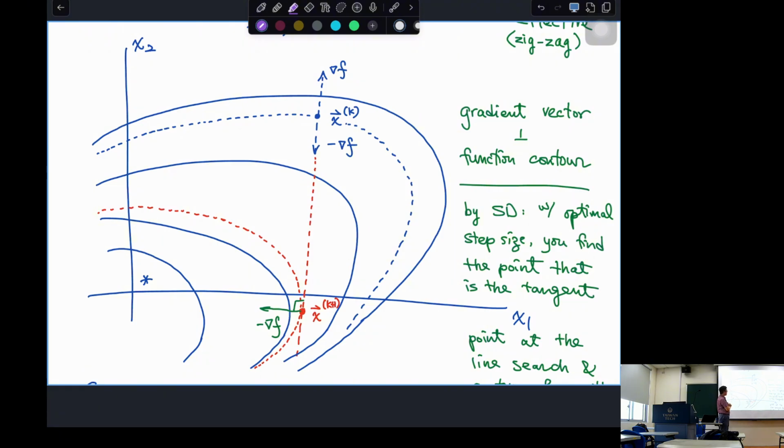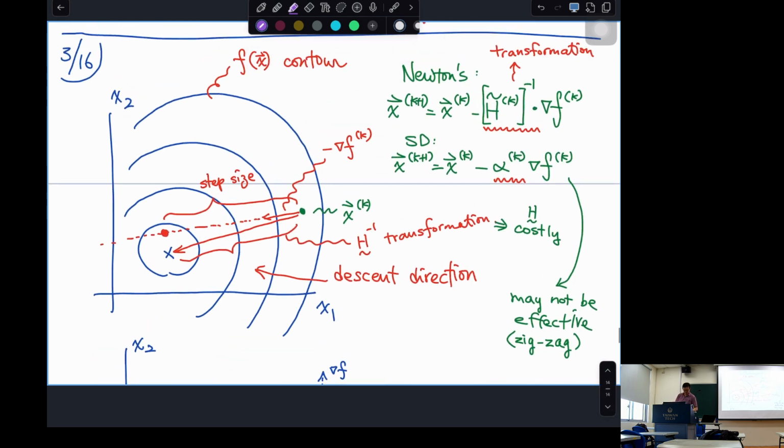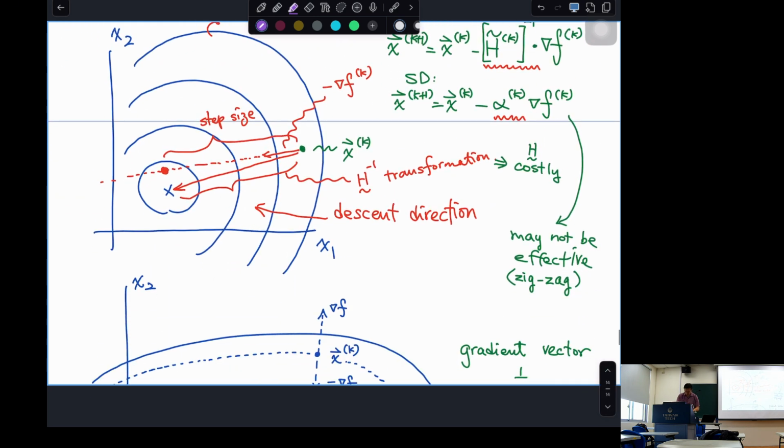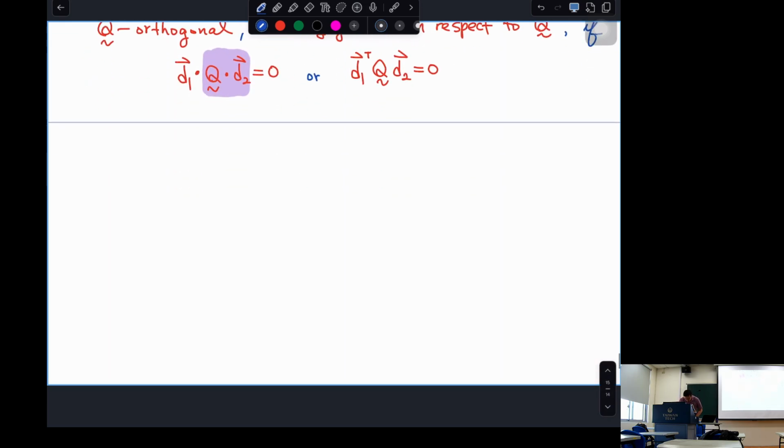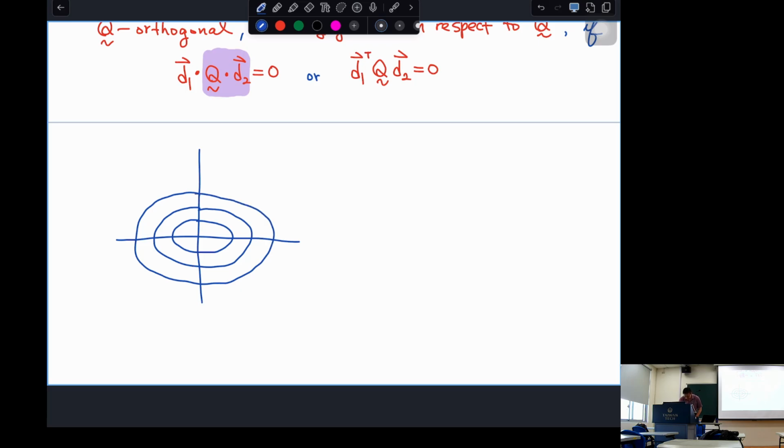If the contour looks like an ellipse, then when you try to figure out the negative gradient direction, it's going this way, right?